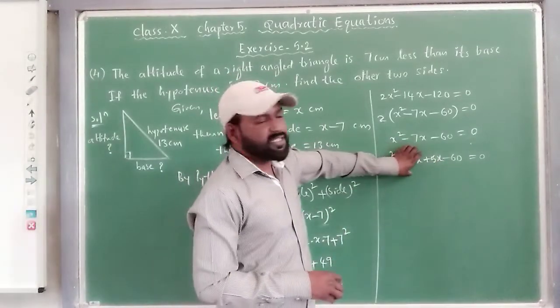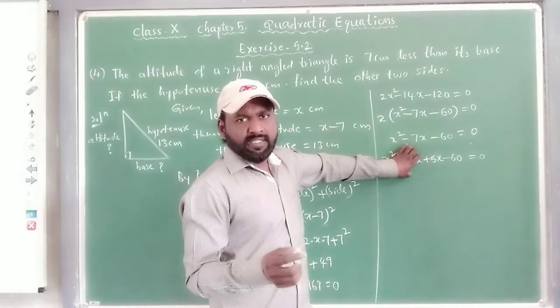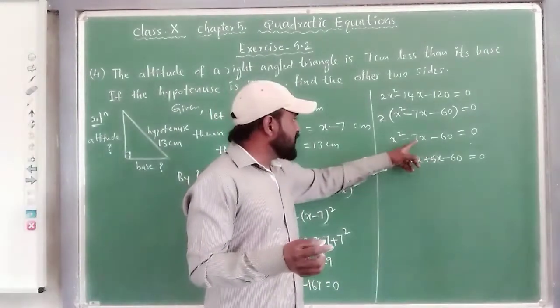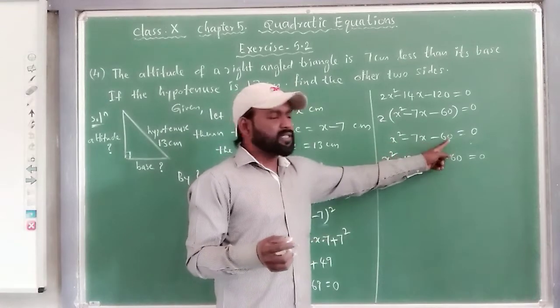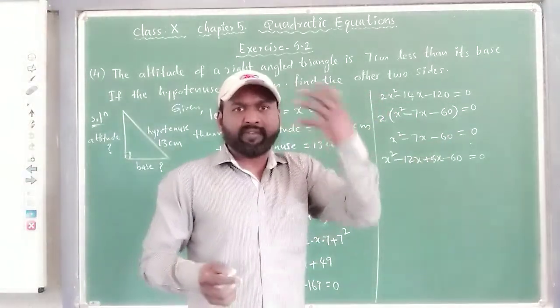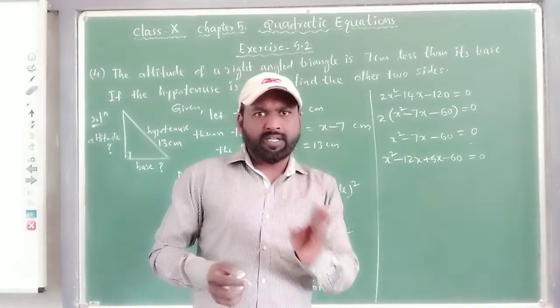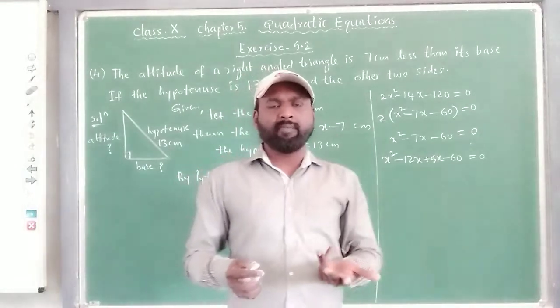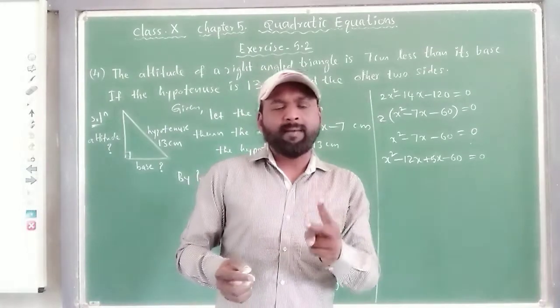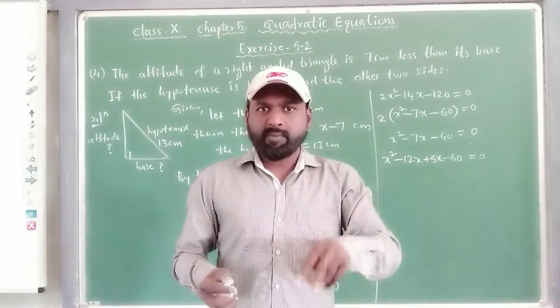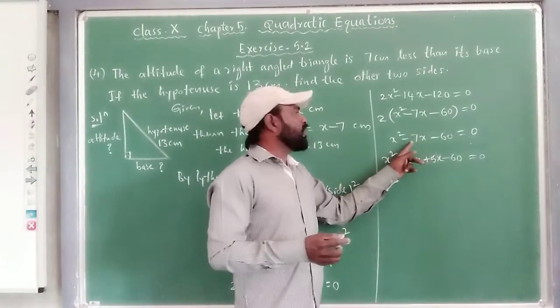So this is the main step. In the previous session also I have explained that this is the main important step. What is that? The x square coefficient and constant term we have to multiply. Whatever product you are getting, that product you have to factorize. You will be getting a number of factors. From that you have to select any two factors whose sum or difference must be equal to the x coefficient.